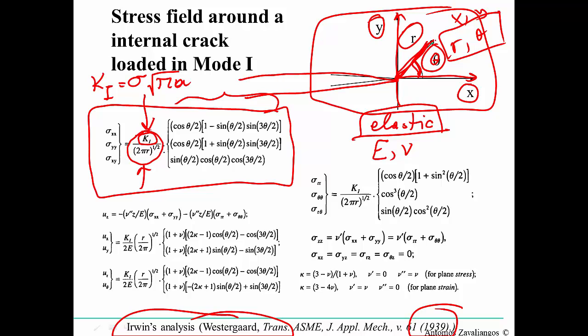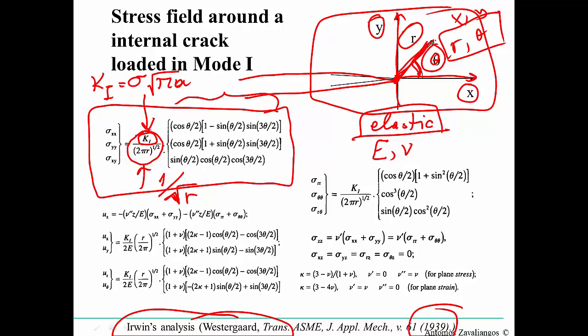In the denominator it has the distance from the crack tip in terms of the radius, and you notice that the denominator is proportional to square root of r, and because we have r in the denominator, a parameter that can take a value close to 0 or 0, you can see that as r goes to 0, all the stresses tend to infinity. And so we say that in this problem, the crack tip is essentially a singularity point, a point where all the stresses tend to infinity.